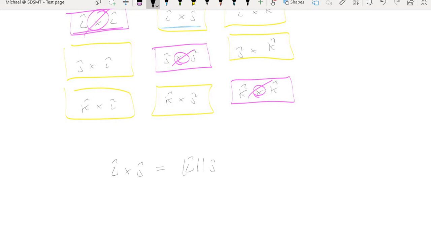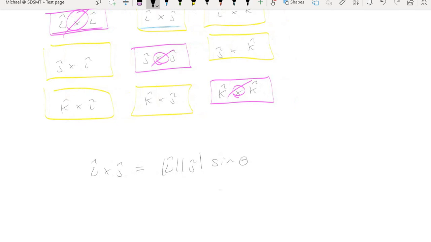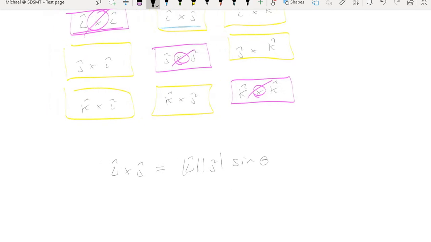When I evaluate this, I take the magnitude of each vector times the sine of the angle between them. The angle between them is 90 degrees. Sine of 90 is 1, and so I get the result of ij. But this result has to have a direction. I'm using one vector that is in the i hat direction. I'm using another vector that is in the j hat direction.